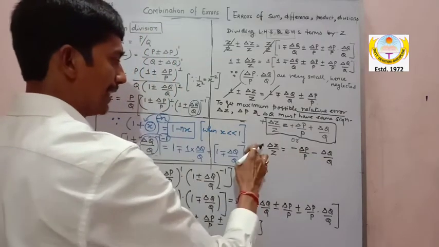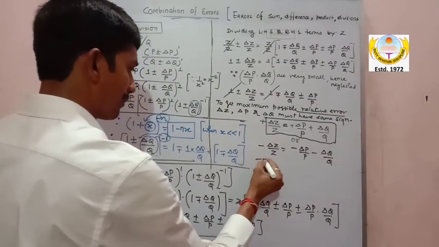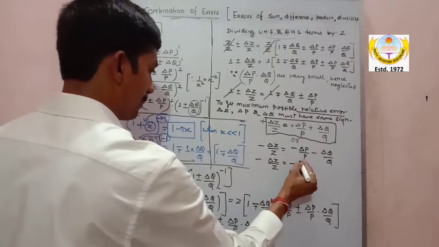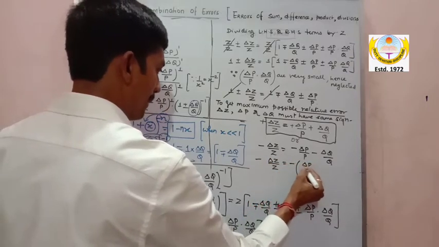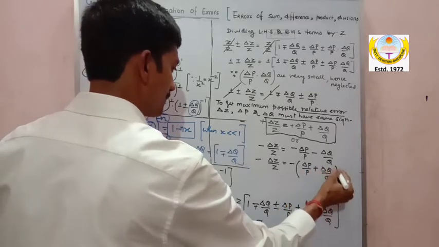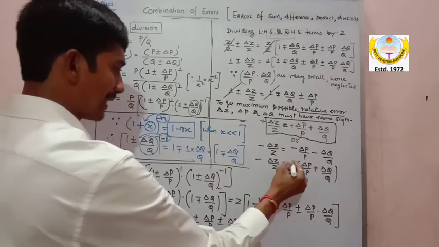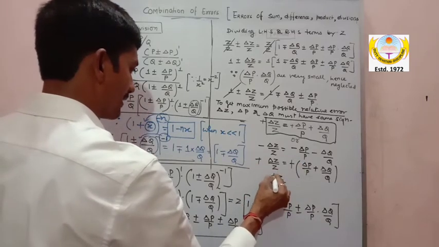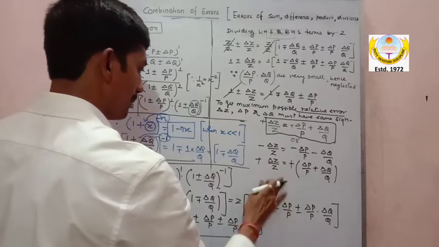All have the same sign. So if I take minus common, this is delta Z by Z is equal to minus common here, this is delta P by P plus delta Q by Q. Minus and minus cancel, my dear. Again the maximum possible error is coming, relative error is coming.